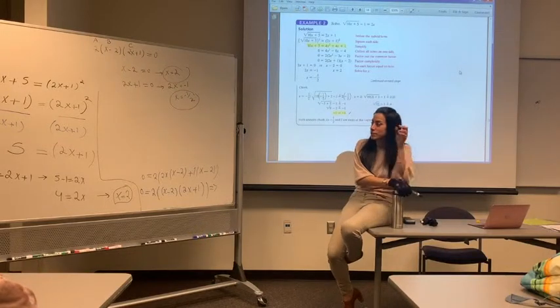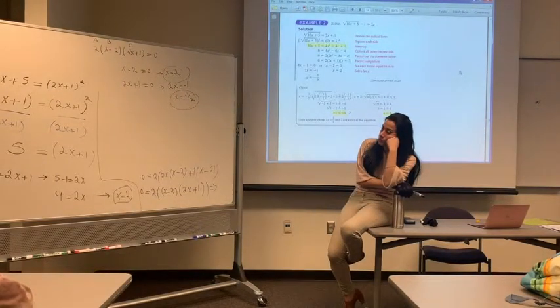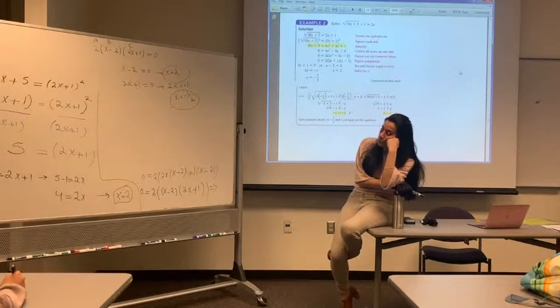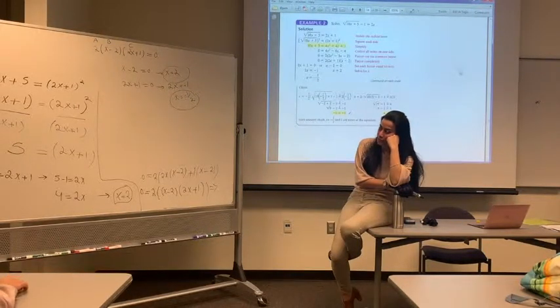So not always is canceling a binomial a good thing, because we are losing something. I factored out a binomial, 2x plus 1. That's why I'm losing one of the values of x by dividing everything by 2x plus 1. That was a good experience.